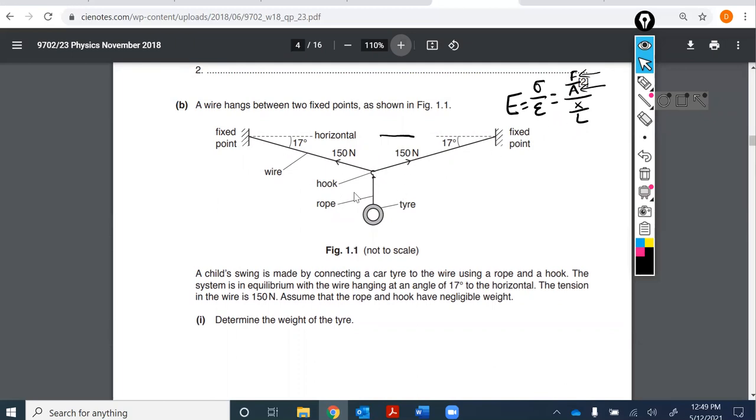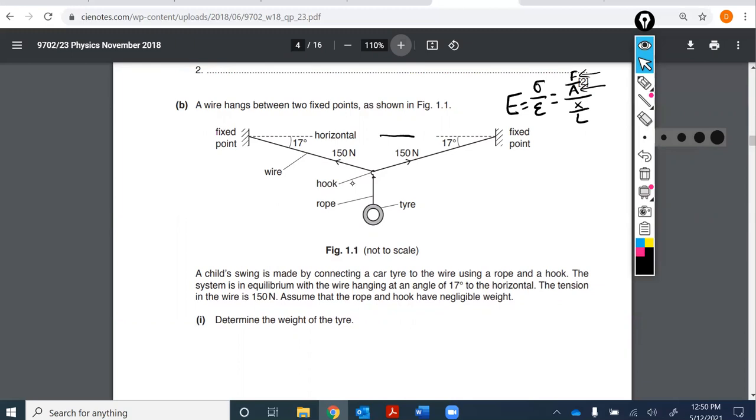Although we kind of treated it like two separate wires, like this has 150 newtons this way, this has 150 newtons that way. So we're dealing with the elongation in this. There might be a simplification that we could make here.